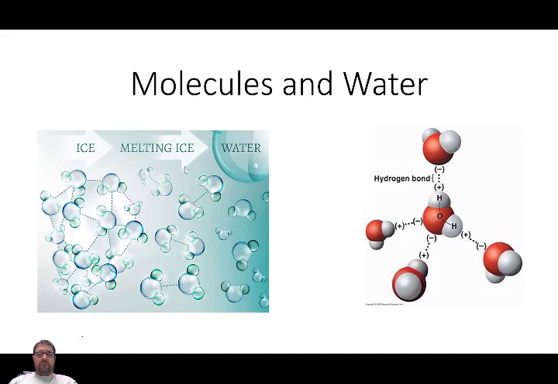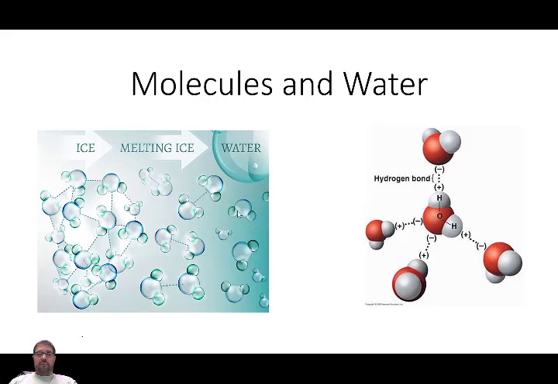So here you can see some stages of water. You can see water in the solid form, or ice, and you can see the spaces in between the molecules. That's very important. That allows the density of this solid to be less than the density of the liquid.